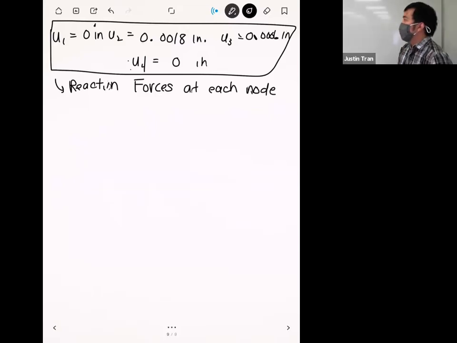For this particular case, because we have two fixed constraints, a fixed constraint at node 1 and a fixed constraint at node 4, we're going to have reaction forces at these nodes. Those are the forces that the walls, or the structures that we're fixing this to, apply onto this 3-bar assemblage that keep the overall structure in static equilibrium.